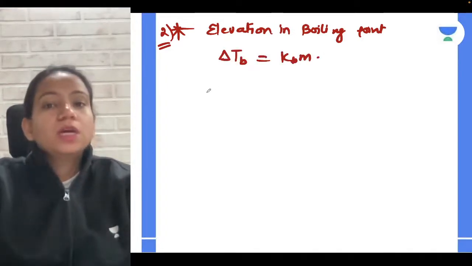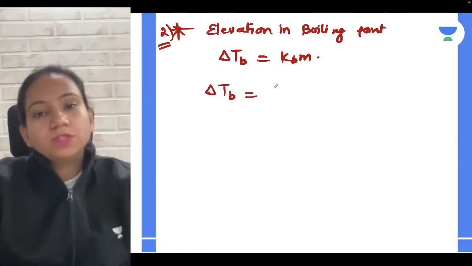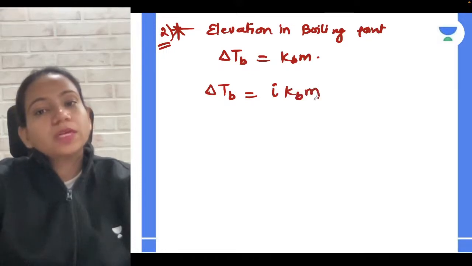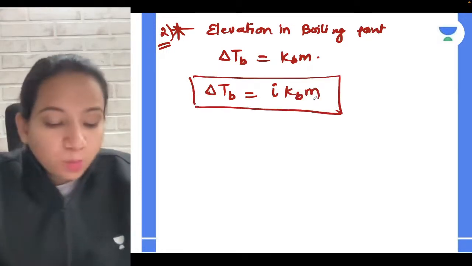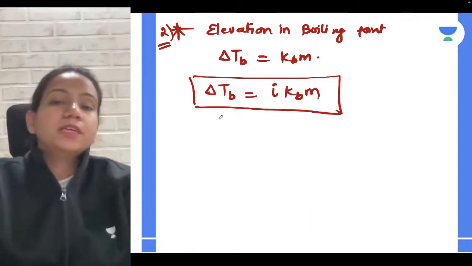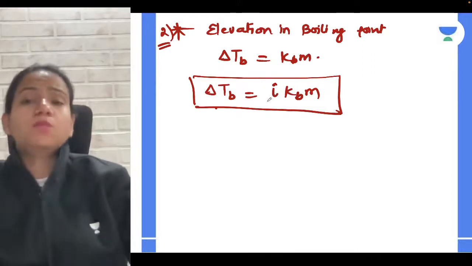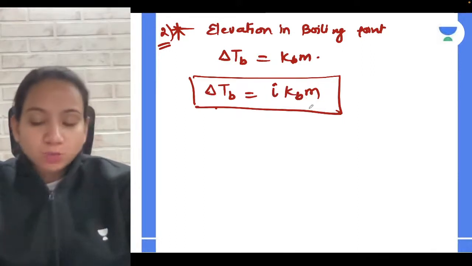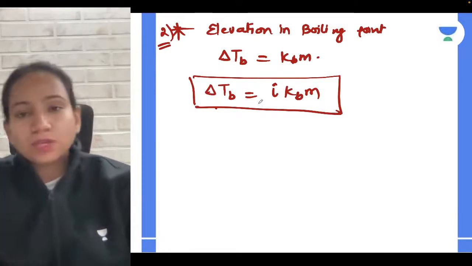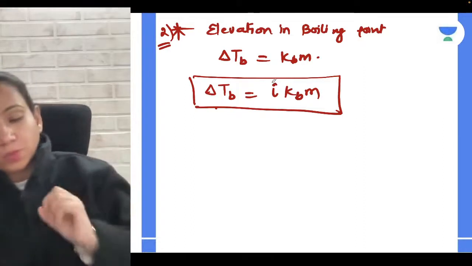But if I use the Van't Hoff factor, it will be delta TB is equal to I KB M, so we'll get the corrected value. M here is molality, delta TB is the change in boiling point, KB is the molal elevation constant. We already learned the formula, so we have to introduce the Van't Hoff factor there.